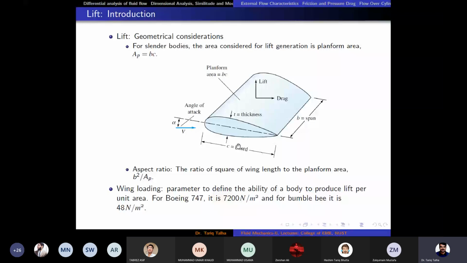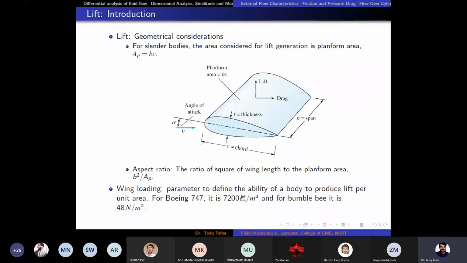So wing loading is a parameter which we define to characterize how much lift is produced per unit area. For the Boeing 747, which is a commercial aeroplane, the wing loading is 7,200 Newton per meter square. It means that for 1 meter square of wing planform area, we could have 7,200 Newtons of lift force.